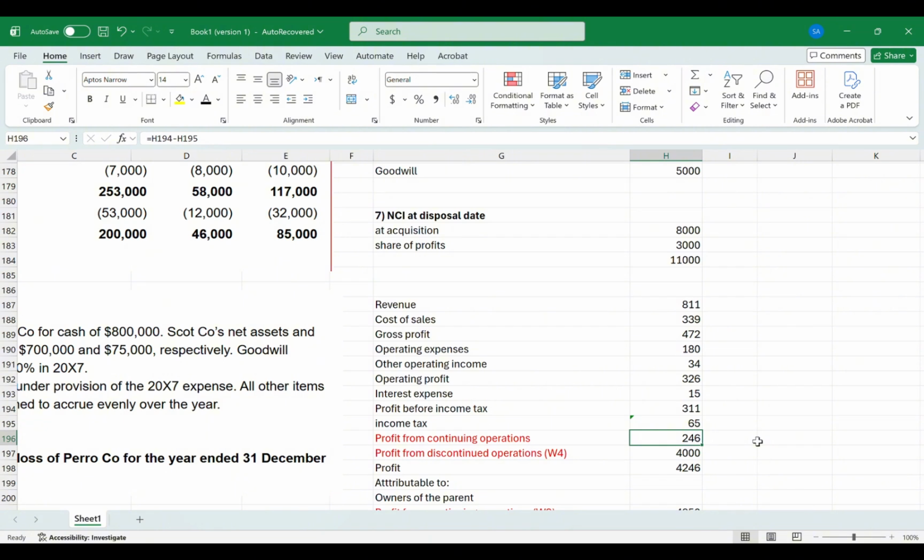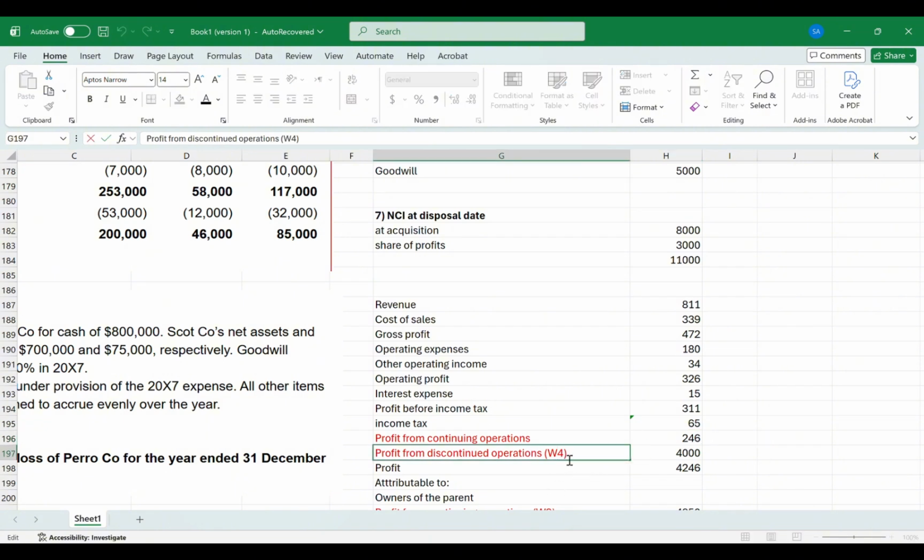Then for discontinued operation, what I will get I will show in working number 1. And then profit for the year, the sum of the two.